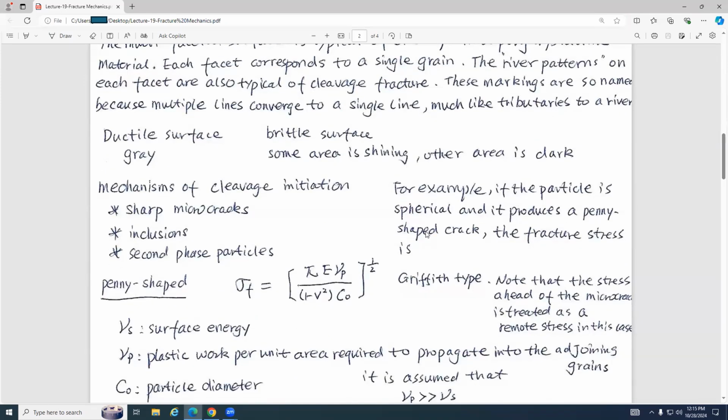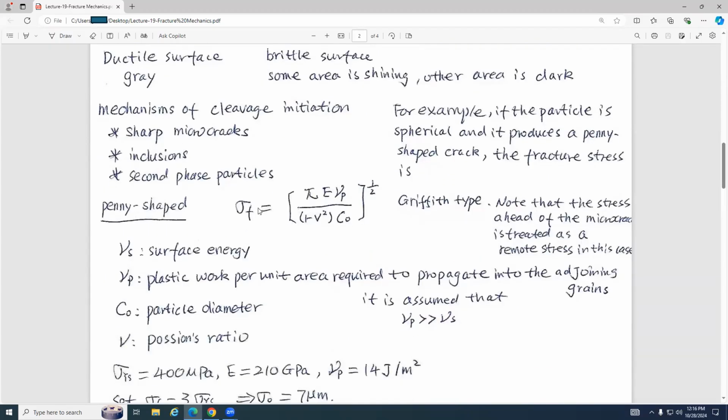So here is one example. If the particle is spherical, and it produces a penny-shaped crack, then the fracture stress can be written using this equation. This is called the Griffith type. Sigma f is the failure stress, written as pi, Young's modulus E, and gamma p.